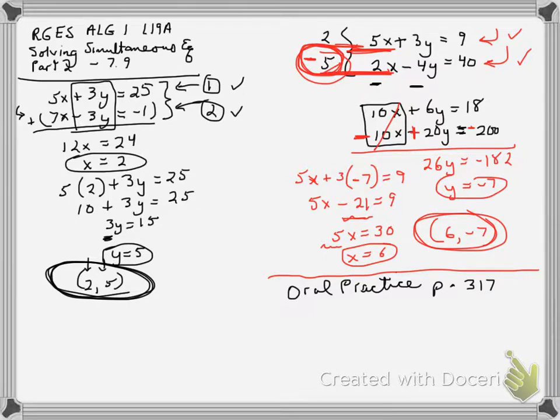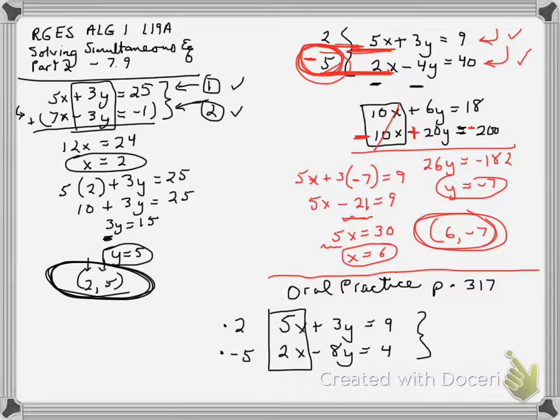My 5 and my 2 are the smaller two numbers. I can't just multiply one of the equations to make it drop out, so I'm going to multiply the top equation by the 2, the coefficient on the second equation, and the bottom equation by negative 5, the coefficient of the top. Let me just write that out for you.